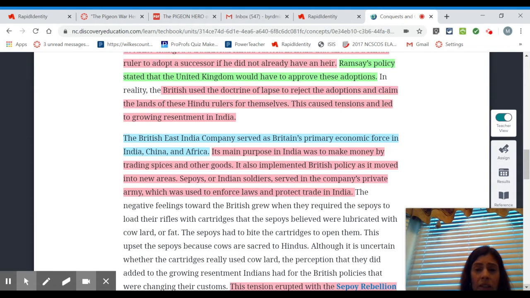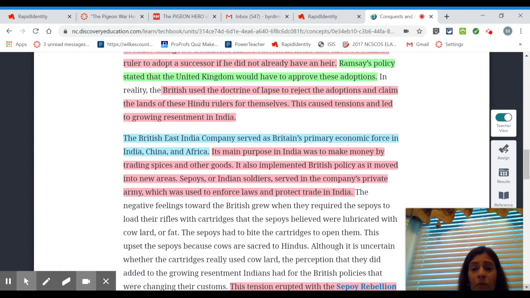And so the British government decided they would employ not British officers and military, but they would pay some of the Indians to be in their army and protect these outposts. Okay, so moving in and changing some of what became known as the sepoys, their military, this Indian military.